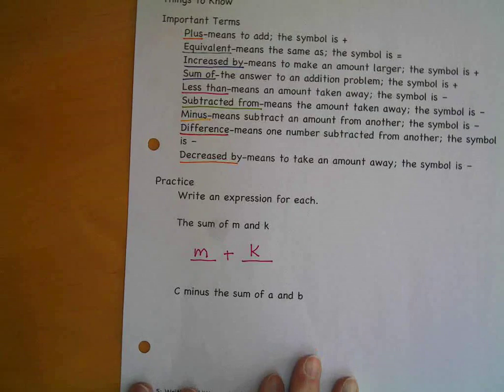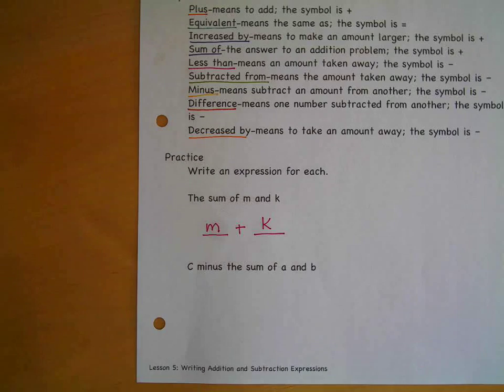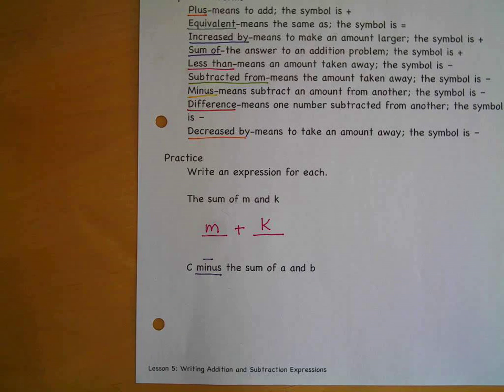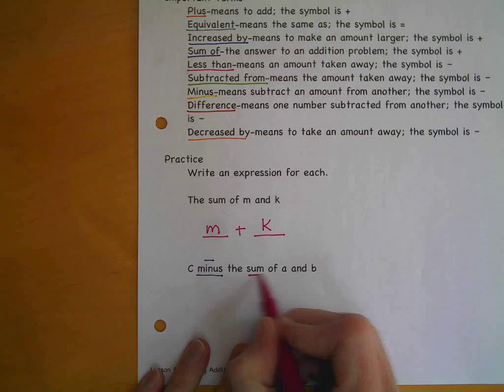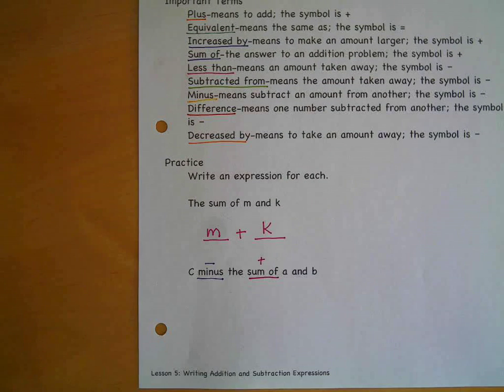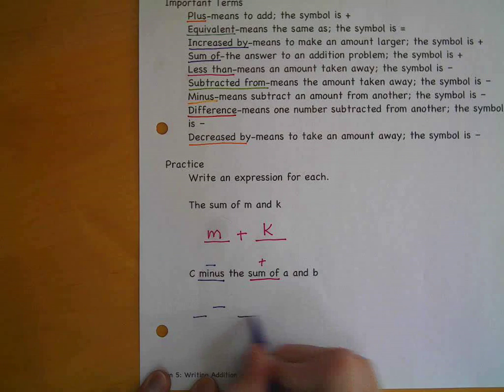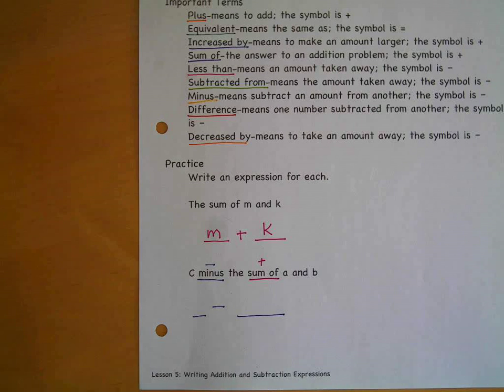It says c minus the sum of a and b. So we have two things going on. We have this minus word, so we're going to use that symbol. And we have this sum of word right here, so we have to use this symbol. So we have some different things going on. Again, I'm going to start with a sentence frame, and I know that I have blank minus blank, right?